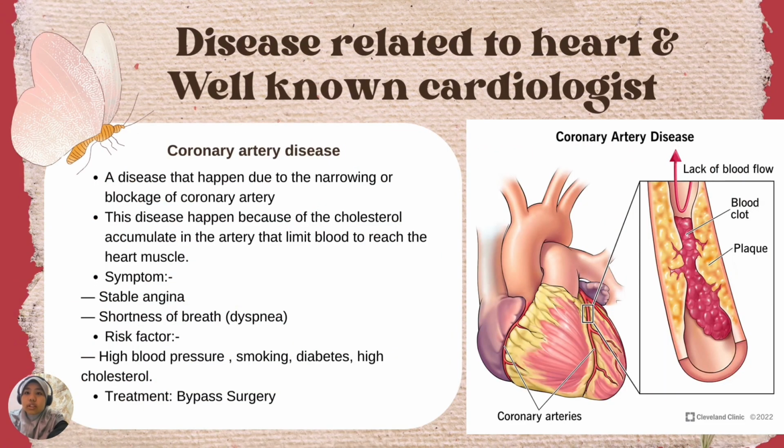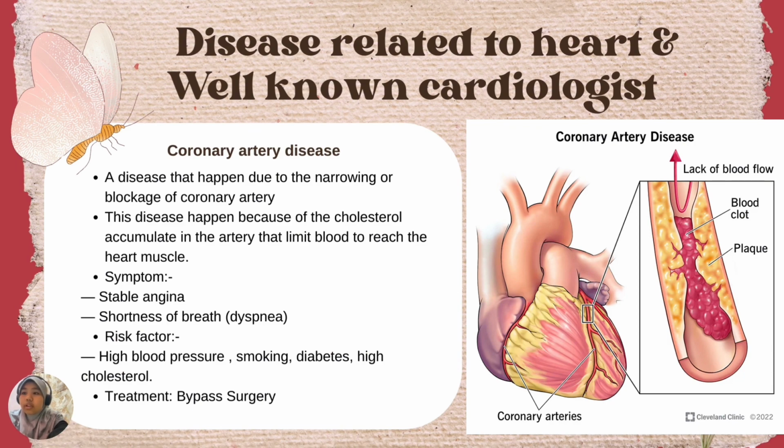For the third content, which is about the disease related to the heart and also the non-cardiologists, I will first discuss the disease. The disease that I'm going to talk about is coronary artery disease, also known as ischemic heart disease. Coronary artery disease happens due to the narrowing or blockage of the coronary vessels.